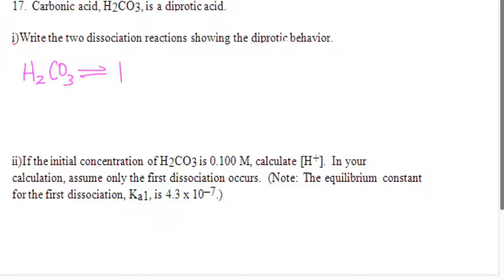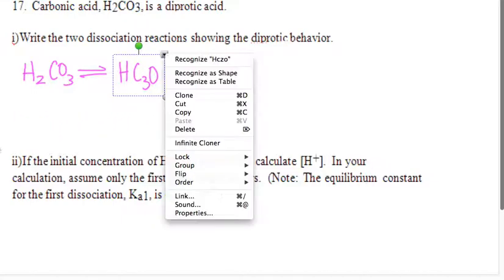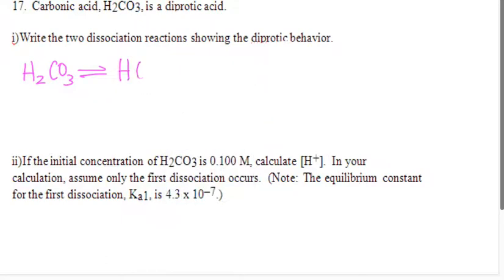H2CO3 goes to HCO3 minus plus H plus, right? Okay, so now let's dissociate the second step. And we get CO3 2 minus plus H plus.